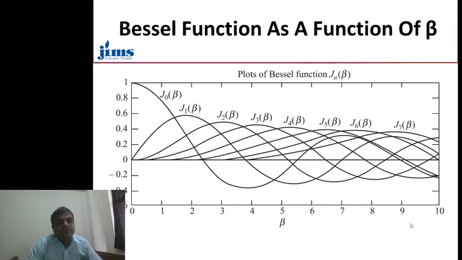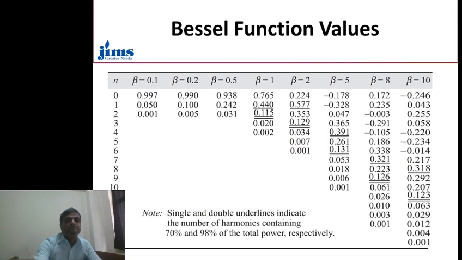That is the graphical representation of the Bessel function Jn(beta) for different values of n, so it is J0, J1, J2, J3. This graph is plotted, and on the basis of this graph we are able to get the values of J0, J1, J2, and so on. Then these are the values of the Bessel function, for beta equal to 0.1 and n equal to 0.